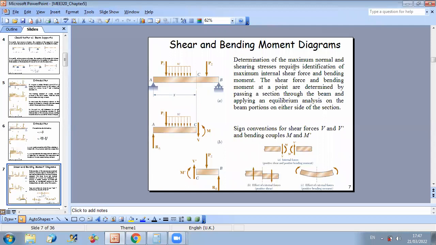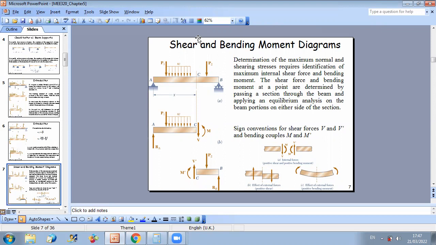So the determination of the maximum normal and shearing stresses will require knowing the location of maximum internal shear force and bending moment. And the shear force and bending moment at a point are determined by passing a section through the beam and applying the equilibrium analysis on the beam portions on either side, as we discussed.